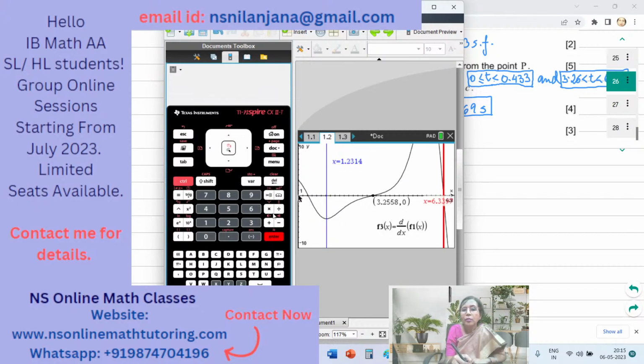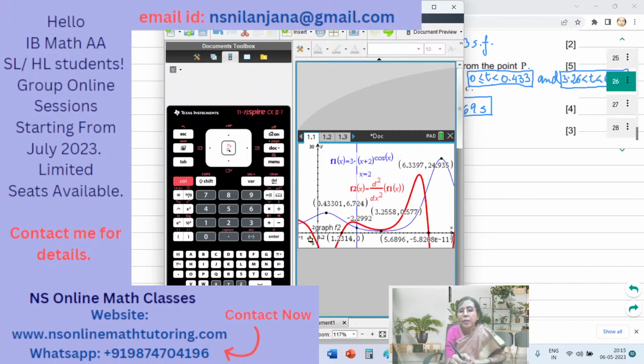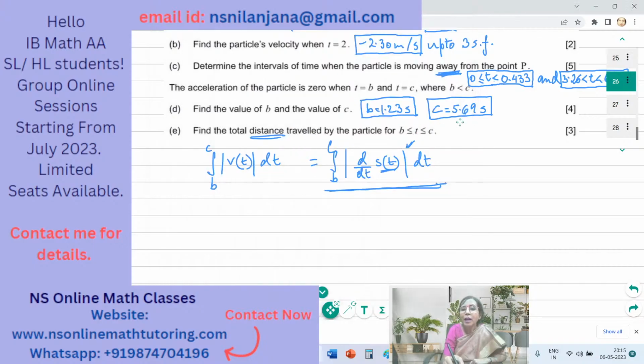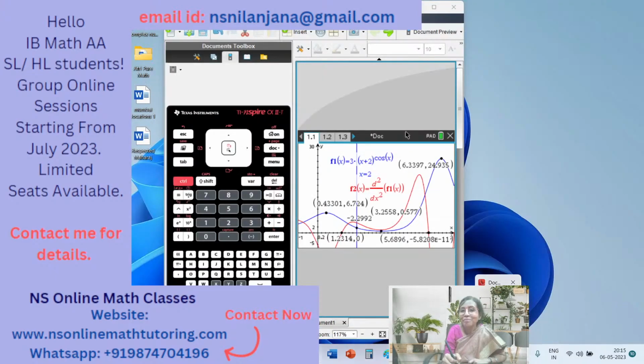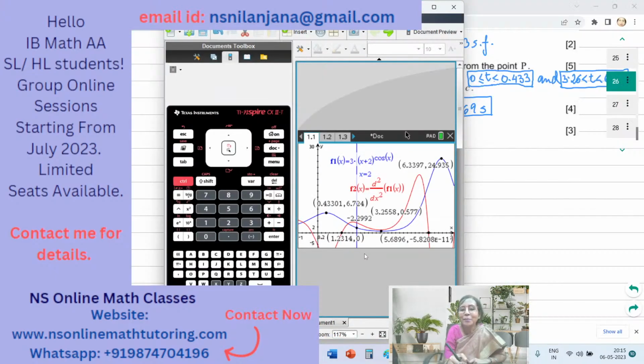Enter. What's happening? Between B and C, they have. Oh my goodness. So sorry. It is 1.23 and 5.69. See over here, I have written 5.69. But you should not be wasting your time. I'm sorry. I have wasted some time.